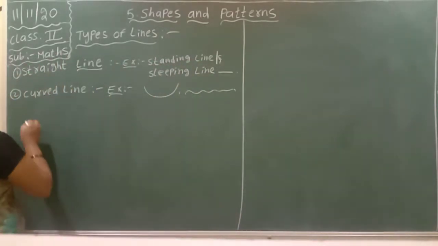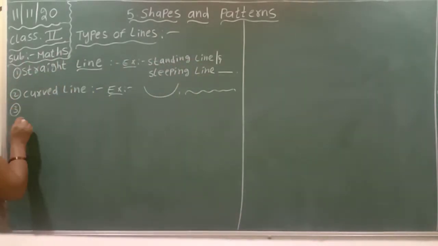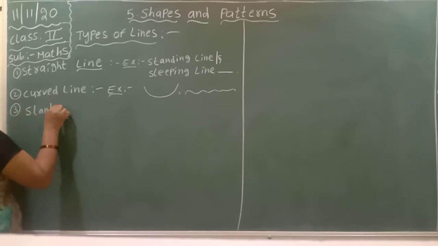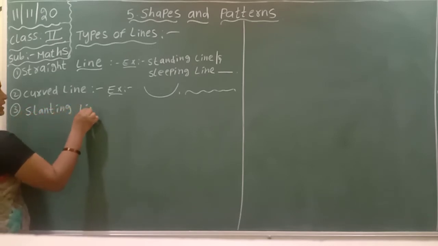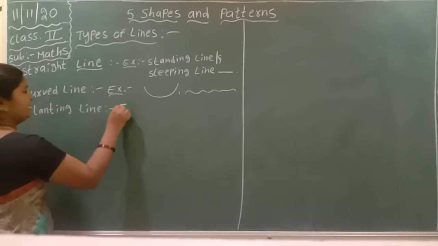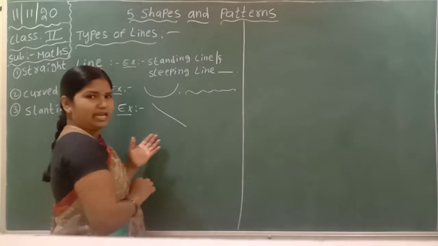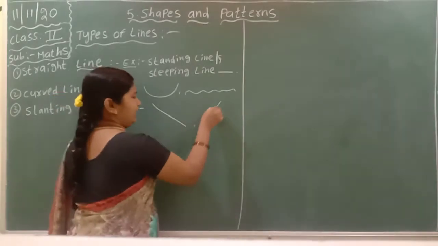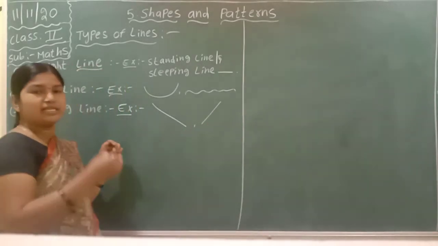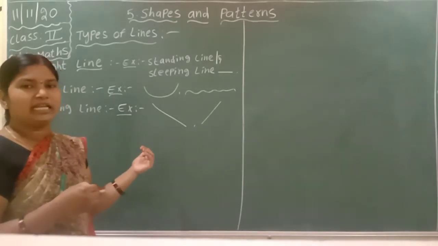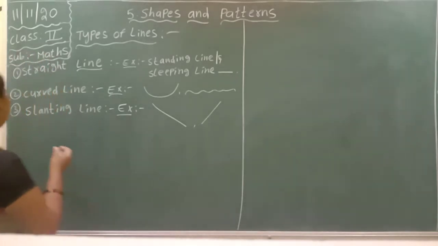Next, slanting line. Slanting line is nothing but like this, cross. It is known as slanting line, or one more name for the slanting line is oblique line.